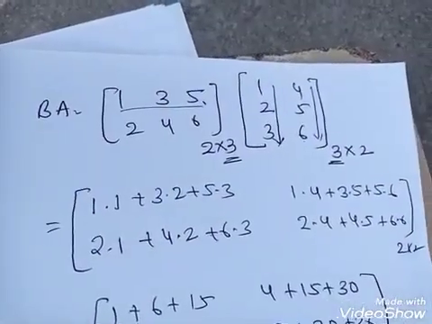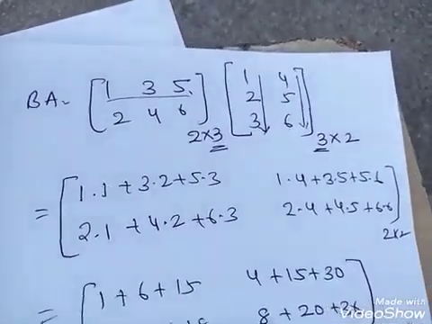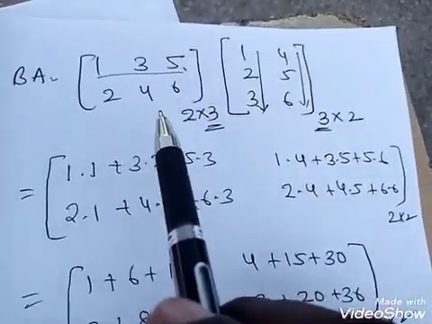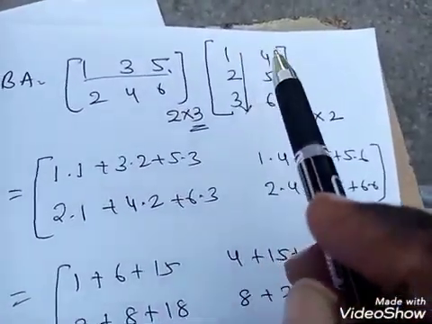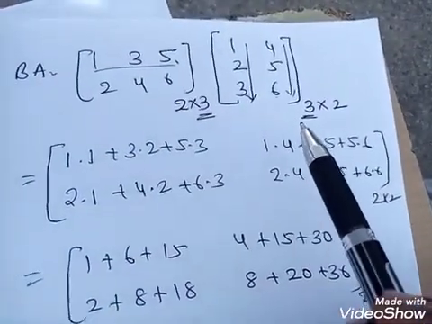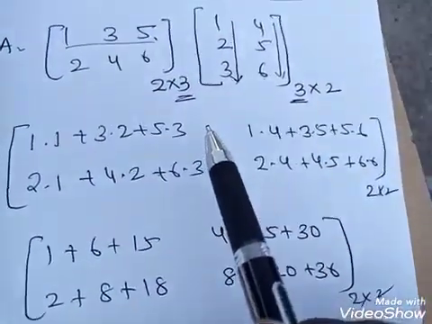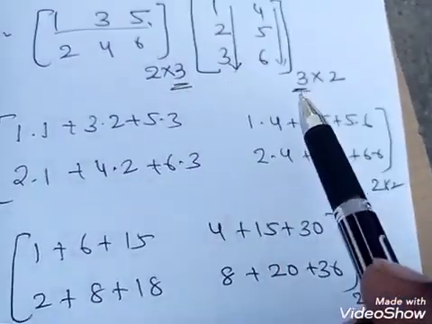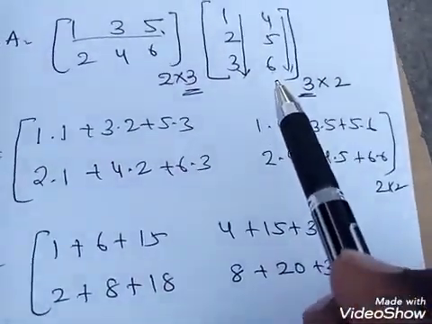The same matrices, we are going to find BA. Now what is B? 1, 3, 5, 2, 4, 6, and A is 1, 4, 2, 5, 3, 6. That is, matrix B is a 2 by 3 matrix and matrix A is a 3 by 2 matrix. Observe their number of columns is equal to number of rows, hence multiplication of matrices is possible.